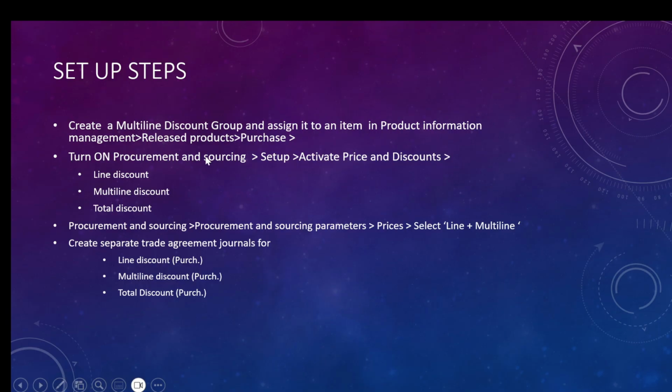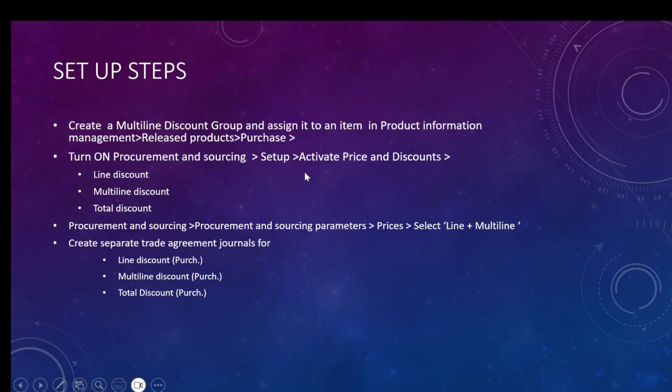The first step is to create a multi-line discount group and assign it to an item in the release products purchase tab. The second is to turn on the system parameters in the procurement and sourcing module.